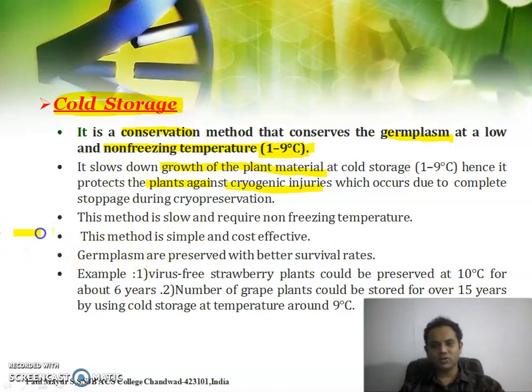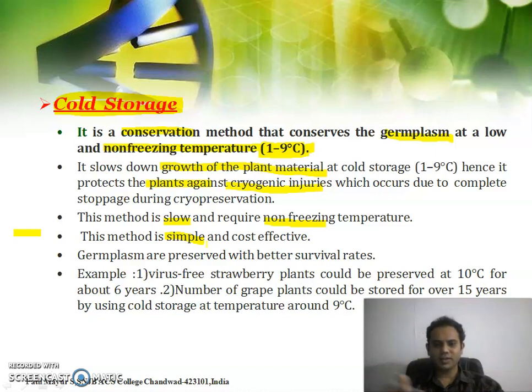This method is slow and it requires the non-freezing temperature that we discussed. This method is very simple, it is just like refrigeration of the material. If we see our home refrigerator, the temperature is around 1 to 5 maximum, 0 to 5.